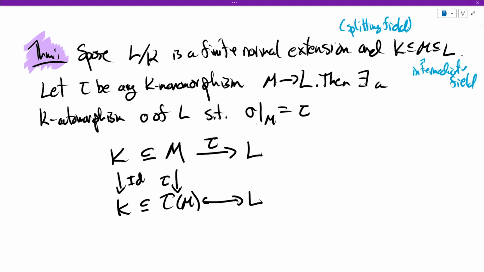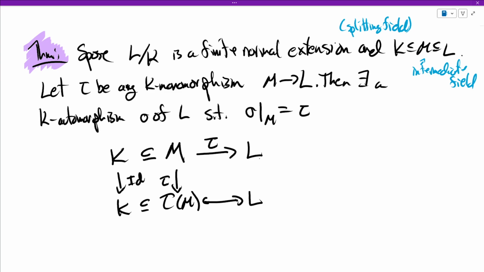What this theorem says is that we have an isomorphism tau between two subfields of L, M and tau of M, because tau is going to be an isomorphism onto its image. Any field monomorphism is an isomorphism onto its image.